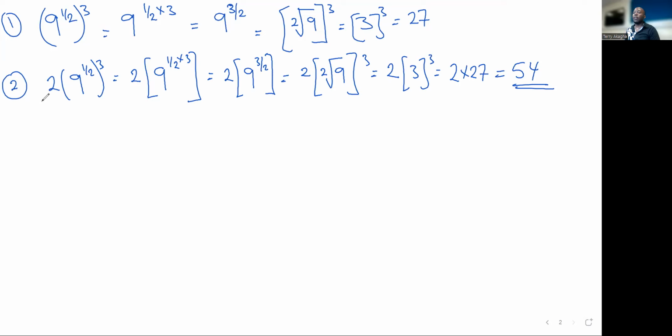The next one is, for instance, we have 27. Let's make it a bit more interesting. So let's say we have 27 to the power 2/3, then all raised to the power 3.